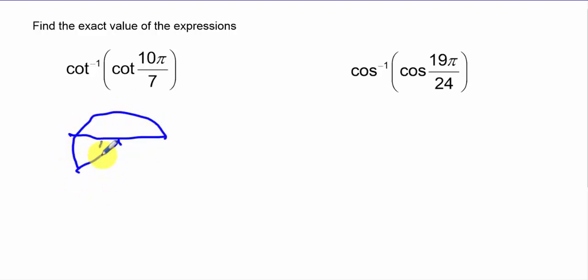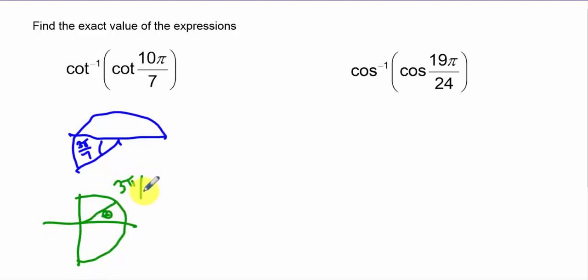I know this has a reference angle of 3 pi over 7, and I know that the cotangent value in the third quadrant is positive. Again, I can't give this inverse answer in the third quadrant. It has to be somewhere in the first quadrant. Where is that somewhere? Wherever that reference angle was, at 3 pi over 7.